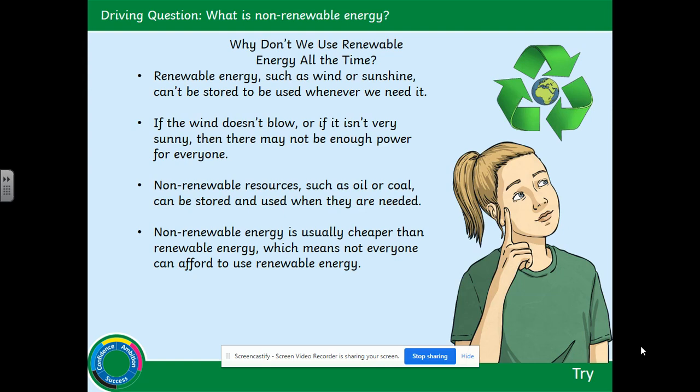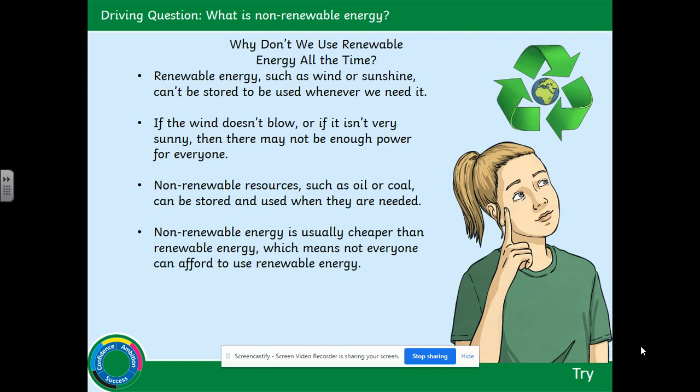If wind doesn't blow, or if it isn't very sunny, then there may not be enough power for everyone. 3. Non-renewable resources such as oil or coal can be stored and used when they are needed. Fourth, non-renewable energy is usually cheaper than renewable energy, which means not everyone can afford to use renewable energy.